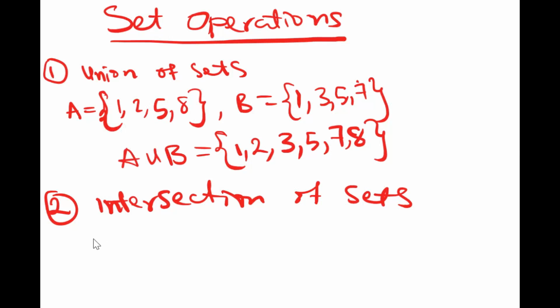So if I have to represent it now, A intersection B will be equal to what they have in common. 1 is there and 5 is there. So 1 and 5 is A intersection B.